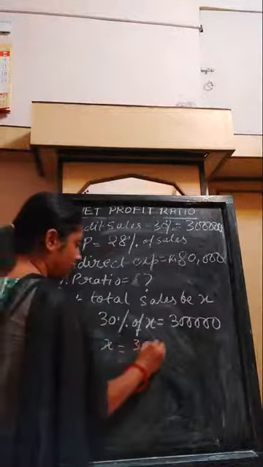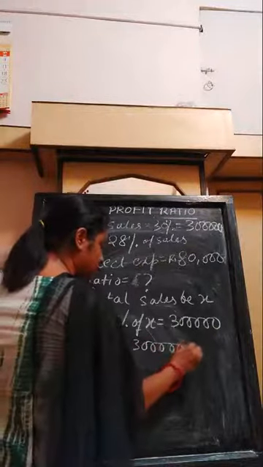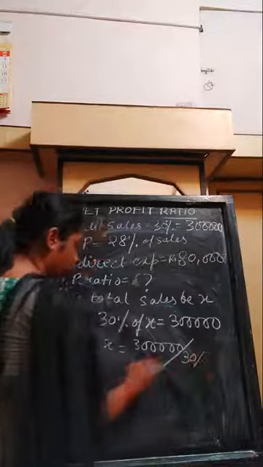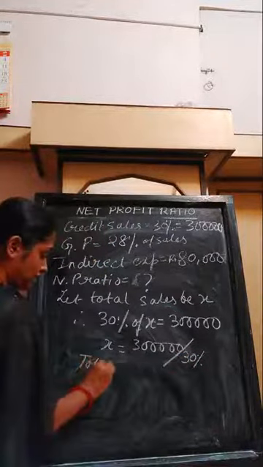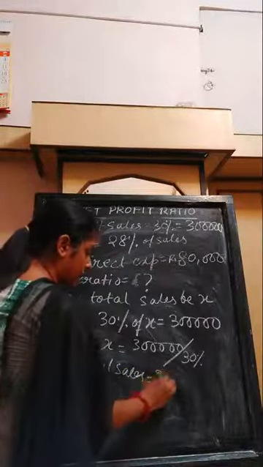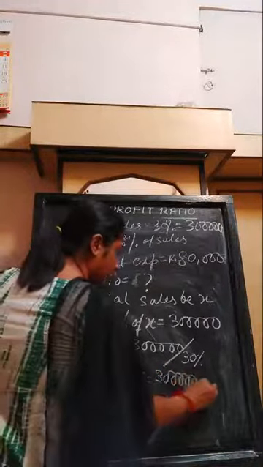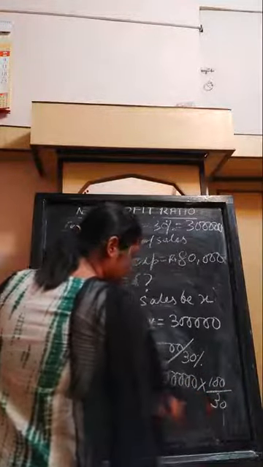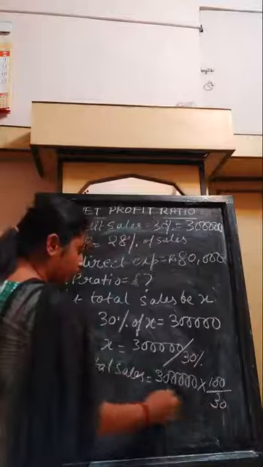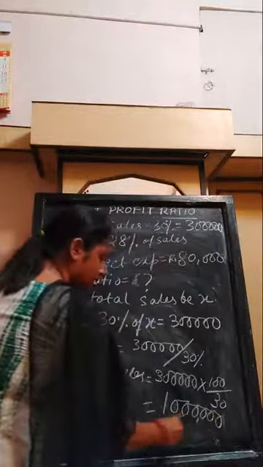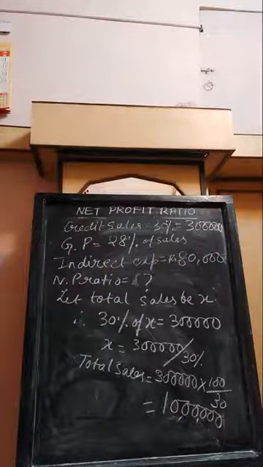That is 3 lakh divided by 30%, which means total sales is 3 lakh into 100 by 30. By doing the calculation, you are going to get 10 lakh. 10 lakh you are going to get as total sales.